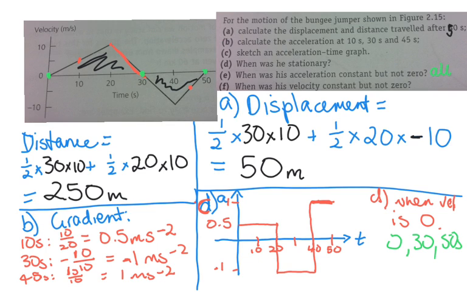It's important to note that if you've got a linear velocity graph, then your acceleration is constant. When was his velocity constant but not 0? Well, velocity was not constant at any point. When they ask for constant, we're looking for part of the graph which has a 0 gradient. So that's never. And that's how you do one of these questions.